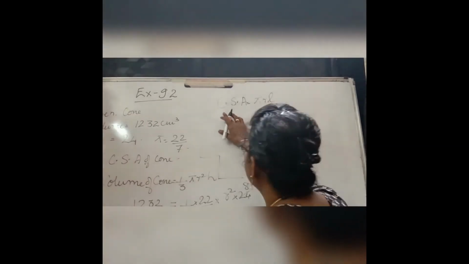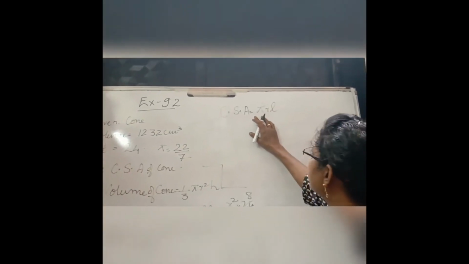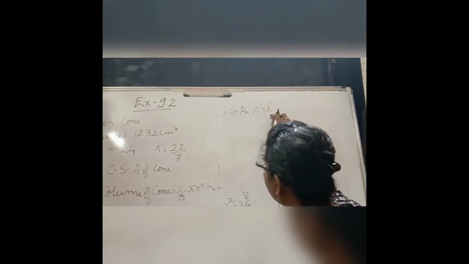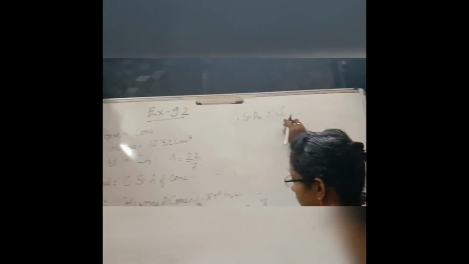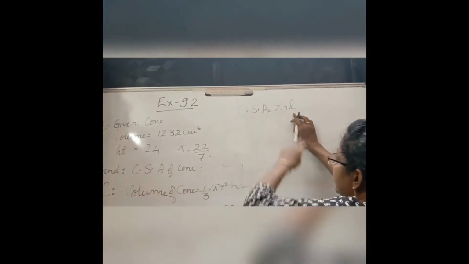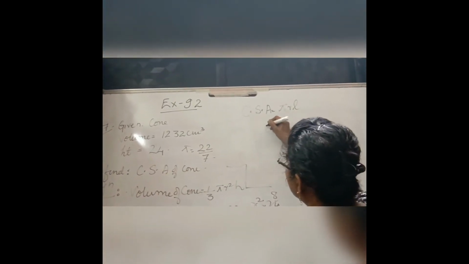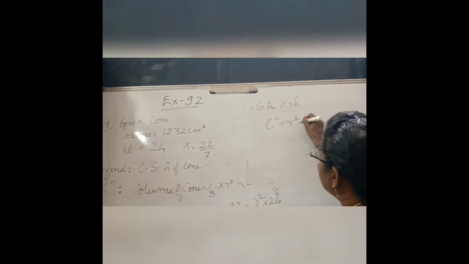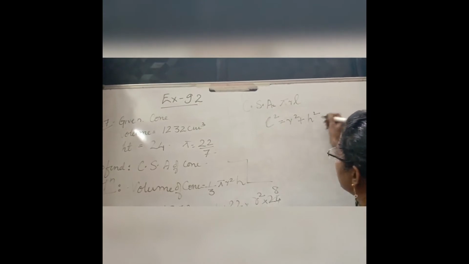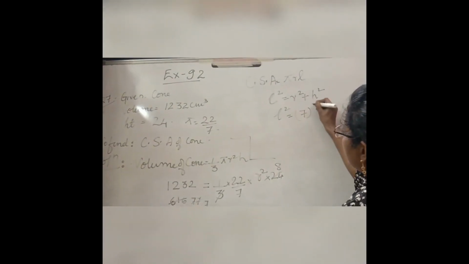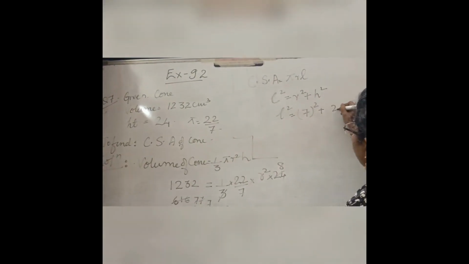We have to find curved surface area and the curved surface area is pi r l. So for finding L we have to find, we have got already R, height is already there, so we will be finding L. So again L square is equal to R square plus H square. L square is equal to R, we have got 7 square plus 24 square.